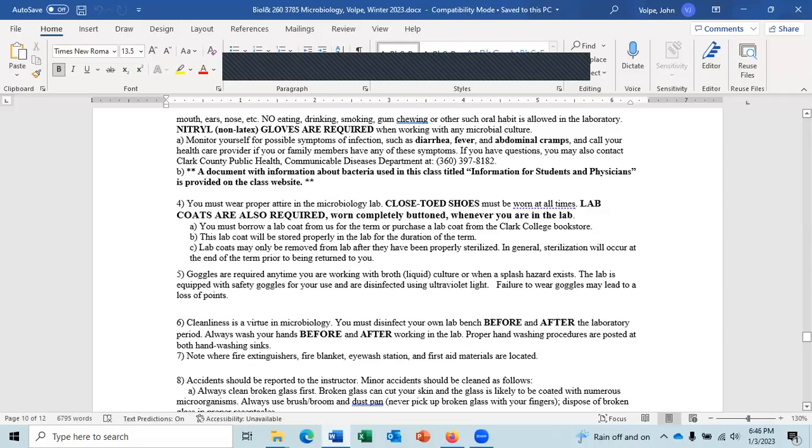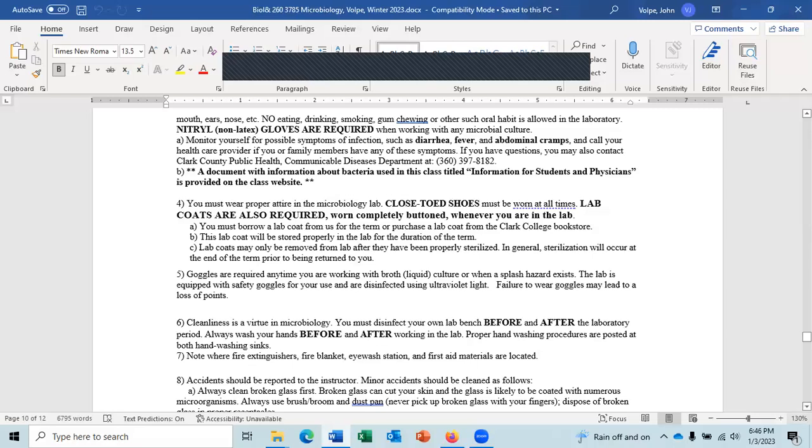When you're all done, you disinfect the area you worked, and then you go get ready to leave, meaning you go take off your gloves, go take off your lab coat, wash your hands, and then grab your things, and then you leave. Any question about any of that?